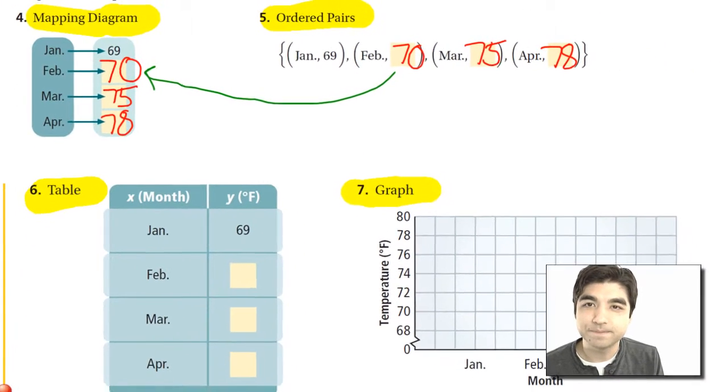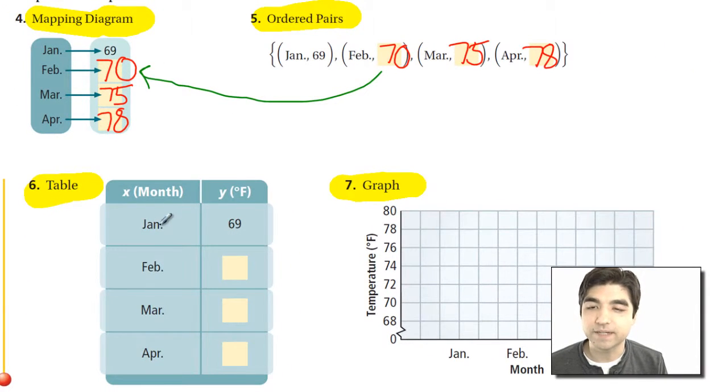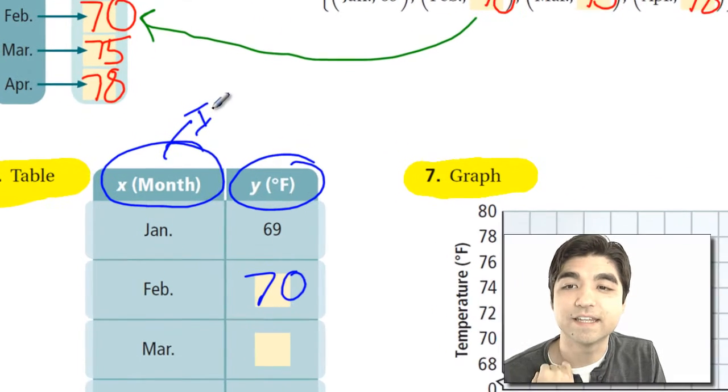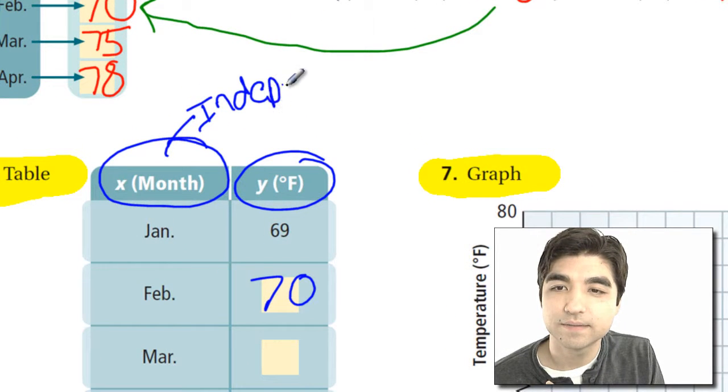Now let's make a table. Table, we got January 69, February it's 70. So in the table you label it, so the X is the month and the Y is the degree Fahrenheit. And remember that X is also considered the independent variable. So that's an important vocab word.